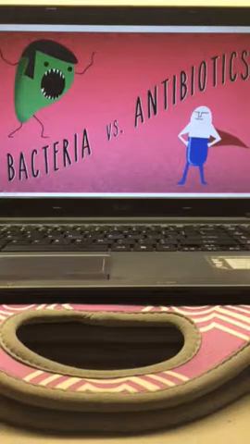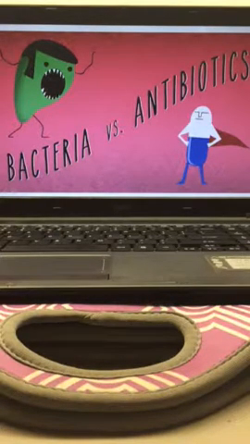Some bacteria live within biofilms. A biofilm is a jelly-like substance where thousands of bacteria cells are suspended inside. It's kind of like a big energy shield, you can say. The antibiotic diffuses through the biofilm to reach the bacterial cells.